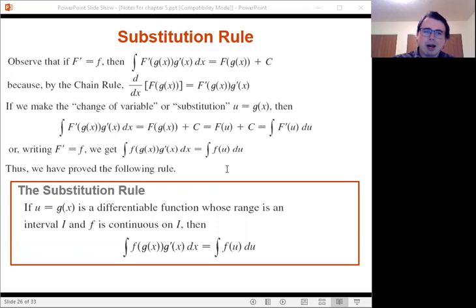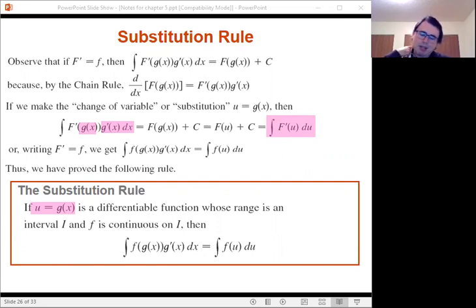So what is my u in this example? It's what we've labeled as g of x here. So my g of x shows up here. The differential of g of x is g prime of x times dx. And after I perform the substitution, I'm left with a much simpler integral.